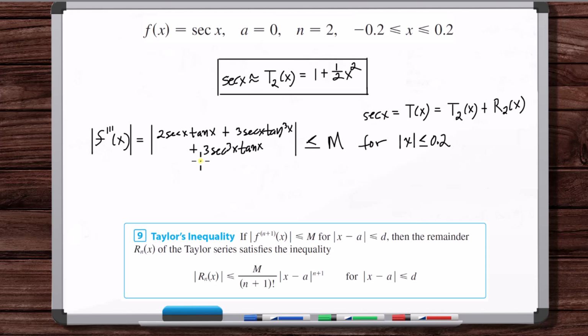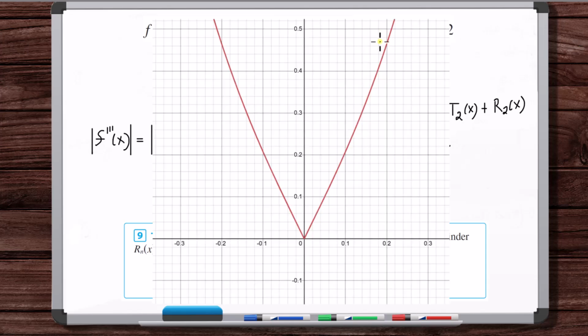It sounds complicated, but this is just asking us what is the absolute or the global maximum of this function over this interval. That's all it's asking. We worked a bunch of global maximum problems in chapter 4. So let me type this function here into Desmos. Okay, so there it is, the absolute value of the third derivative of secant x.